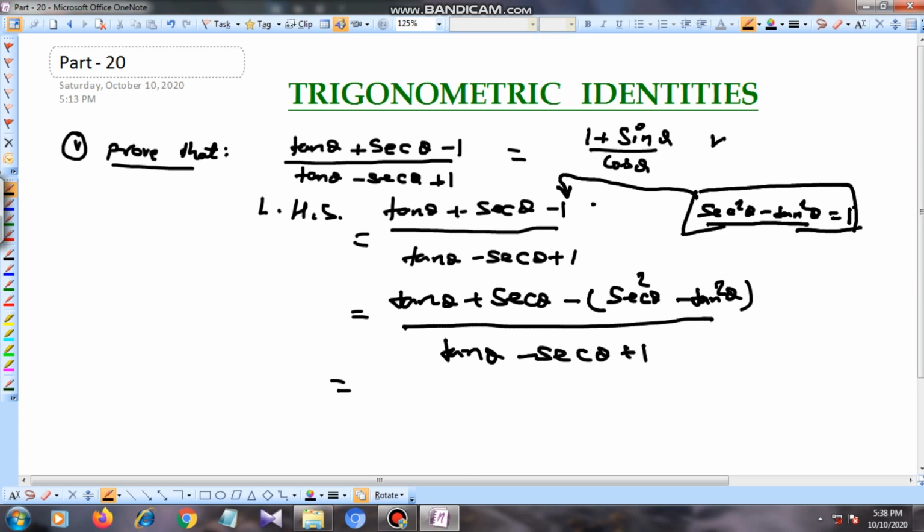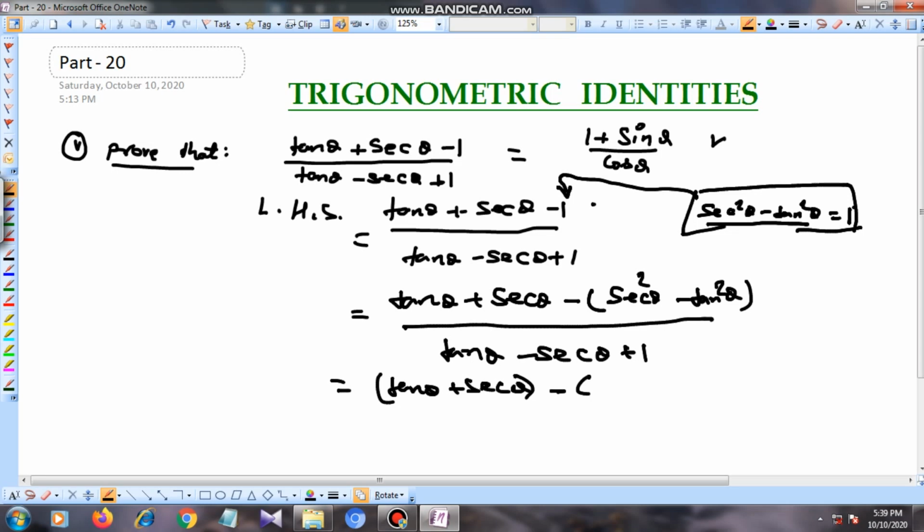Now this is tan theta plus sec theta in one bracket, and here sec square theta minus tan square theta. This is a form of a square minus b square, which can be written in one bracket as a sum and another as a difference.